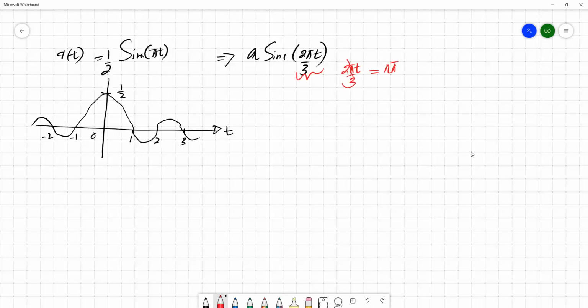From that you can get the equation for t as 3n divided by 2.